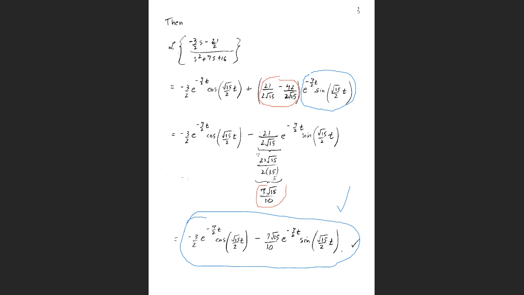I think what people were talking about with the whole factoring out the negative 3/2, with that second to last line, instead of simplifying that second coefficient, you could have just pulled a 3/2 out, or a negative 3/2, and ended up with plus 7 over root 15. Well, I don't think it matters at the end of the day.